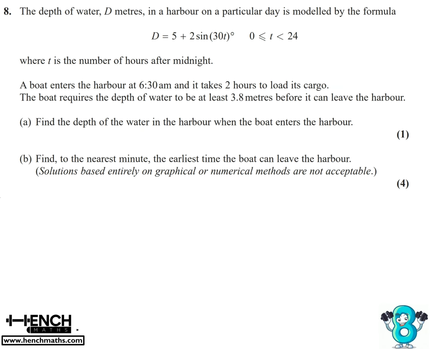Question 8. The depth of water, d meters in a harbour on a particular day, is modelled by the formula d equals 5 plus 2 sine 30t, in degrees. So that's going to be important potentially. So degrees, and t is more than or equal to 0 but less than 24, and t is the number of hours after midnight.